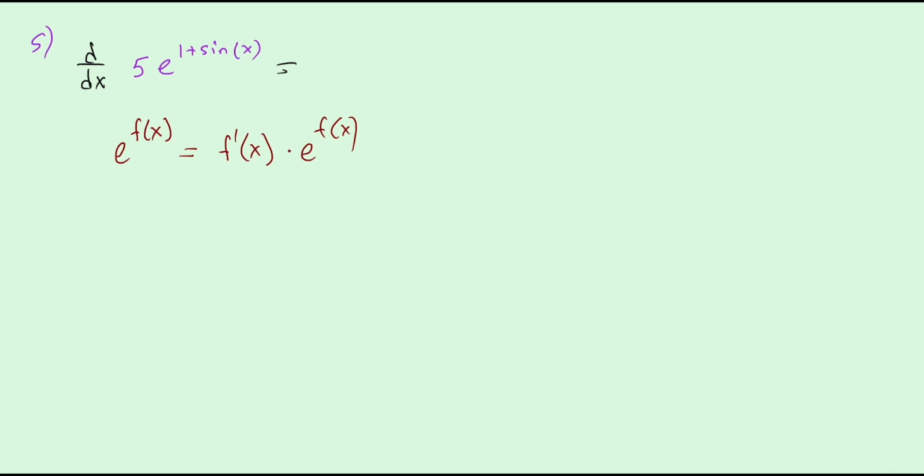So we're going to get, first let's pull out the constant, 5 times the derivative of 1 plus sine x, which, since the derivative of sine is cosine, gives cosine x, times e to the 1 plus sine of x.